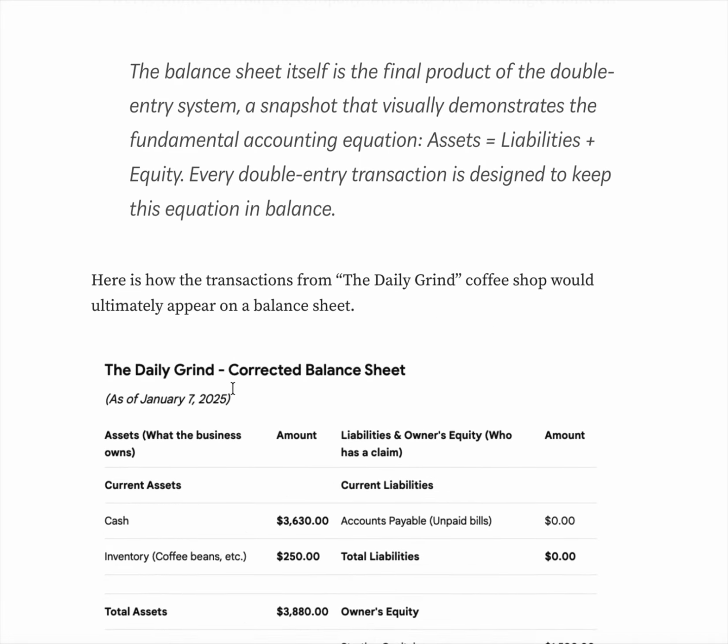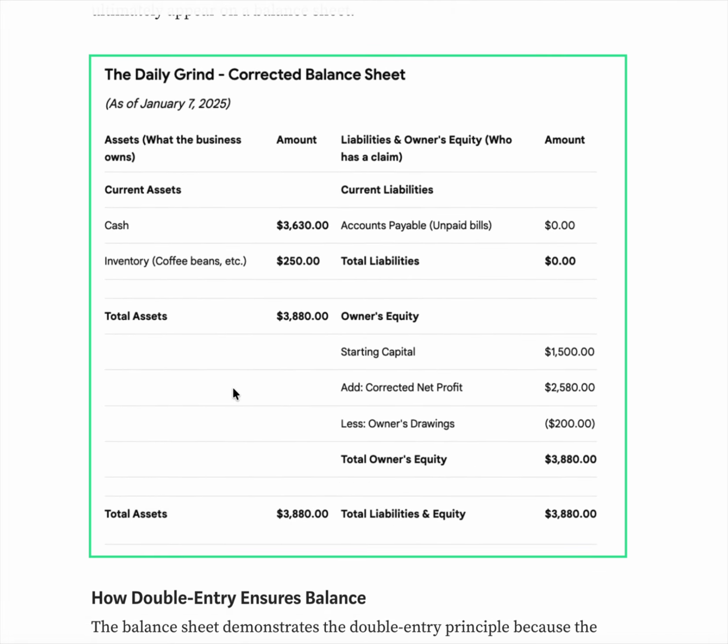Okay, so this is a simple balance sheet of our coffee shop. What is happening here is you have the assets, the liabilities, and the owner's equity.